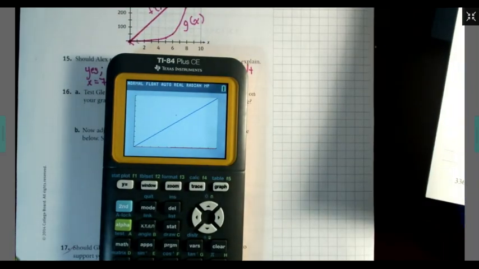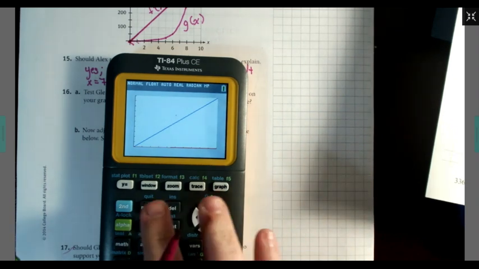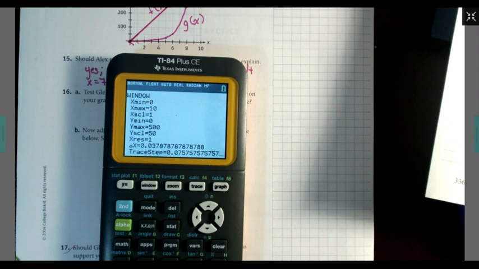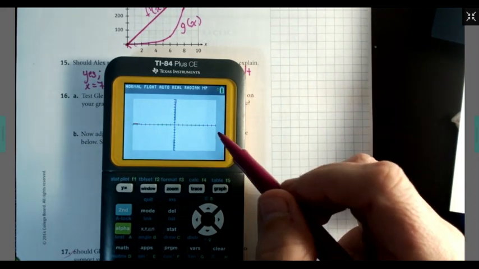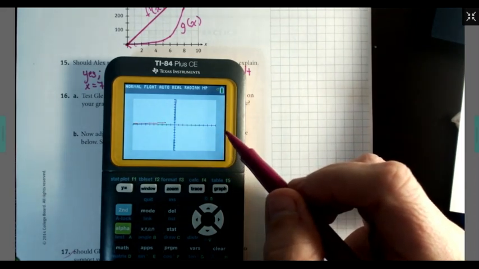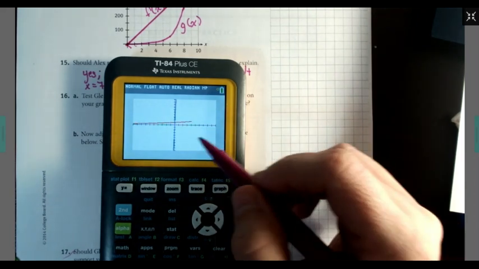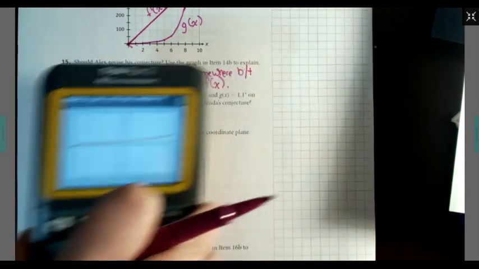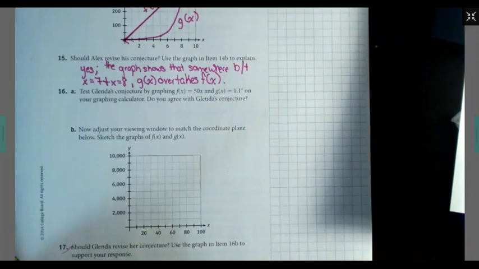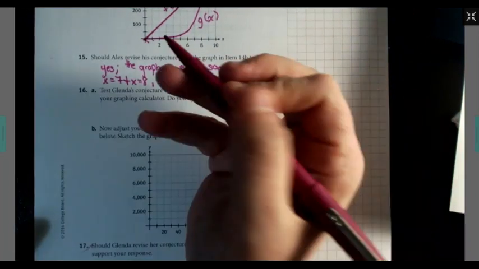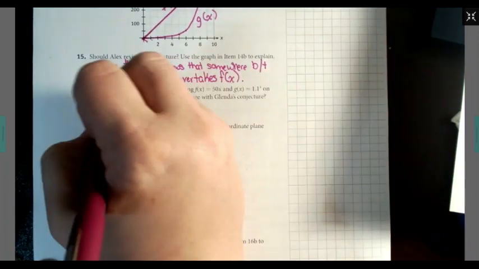Well, based on this picture, it looks as if that is true. But if I change my window, I'm guessing that's not going to be true. Let's do a zoom standard window and go back to the original graph. And again, we'll see some portions where g of x overtakes f of x.